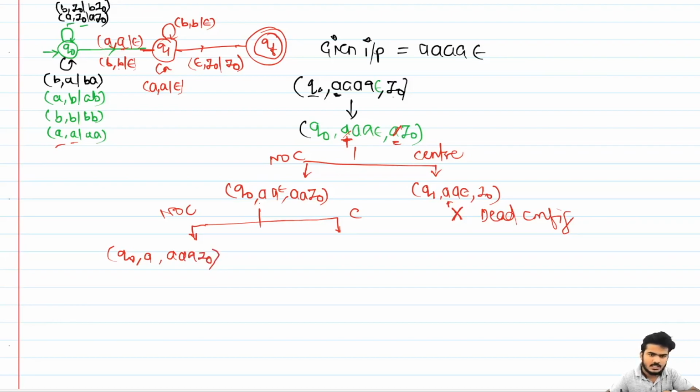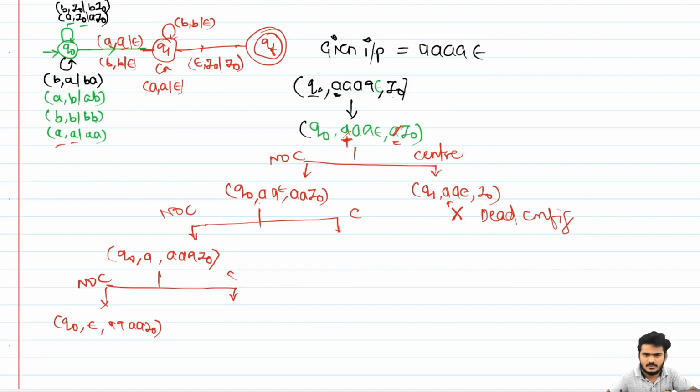Here also I assume center came, and here no center. If no center, it is Q naught, I am left with epsilon, and the stack contains four A's and Z naught.